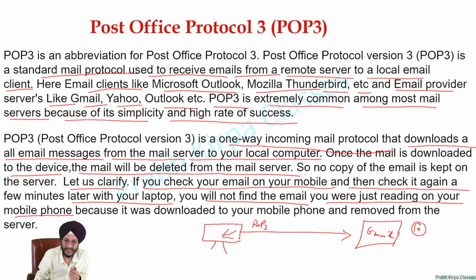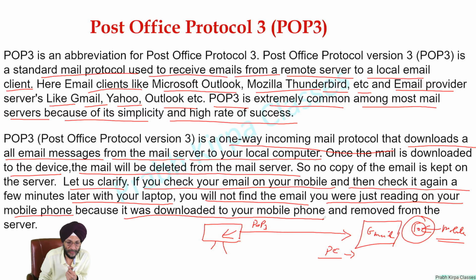Then all the emails were downloaded into your mobile. Say after 10 minutes, you open your PC, where you are also using Post Office Protocol, and you open your Gmail account, then you will not find these 10 emails there because all these were downloaded to your mobile phone and removed from the server.